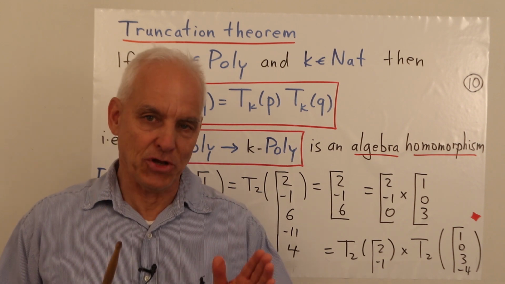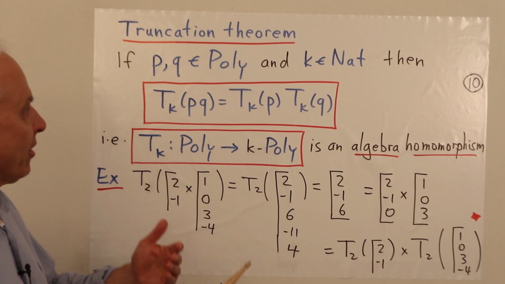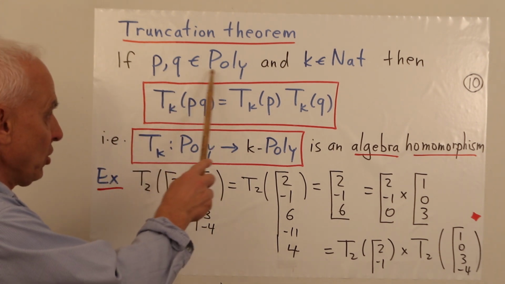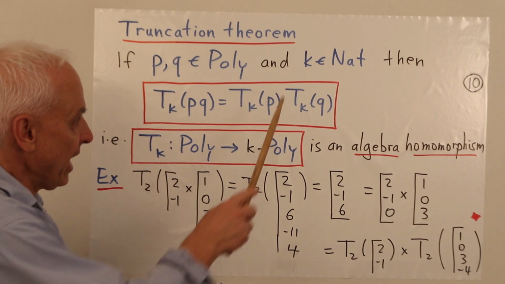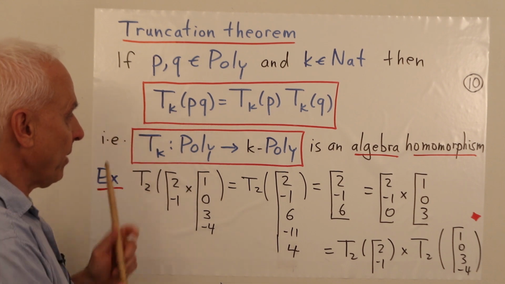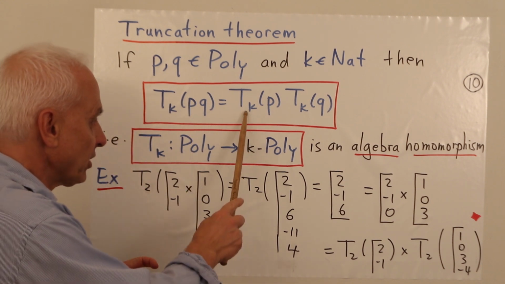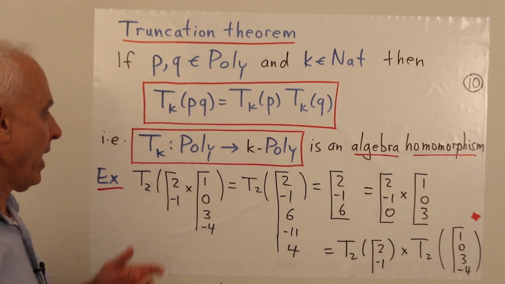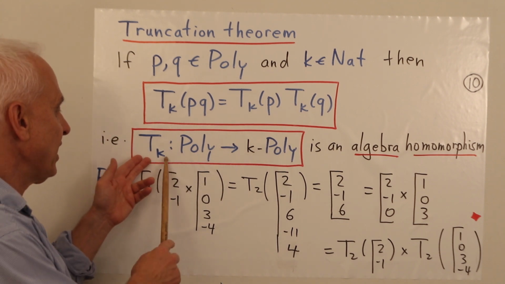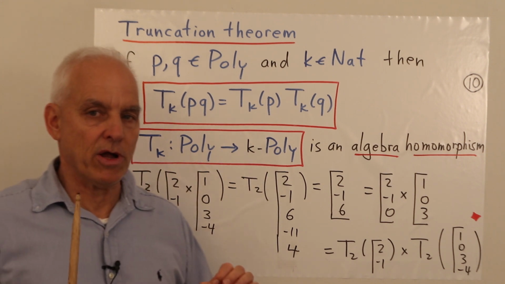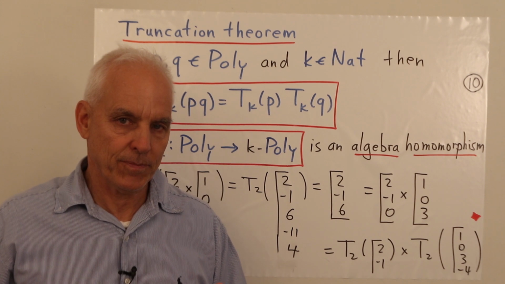Okay, so here's the truncation theorem, which justifies our usage of this truncation operator. It's that if p and q are polys and k is a natural number, then the truncation t sub k of the product p times q is the product of the truncation of p times the truncation of q. And another way of saying this is that t sub k from poly to k poly is actually an algebra homomorphism.